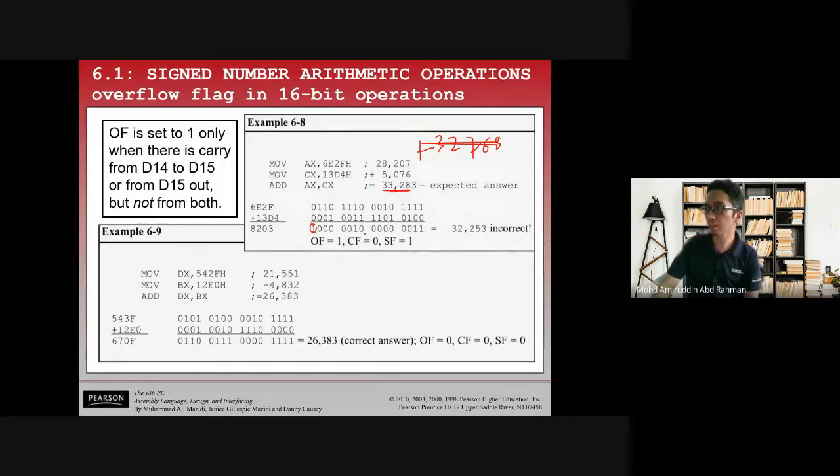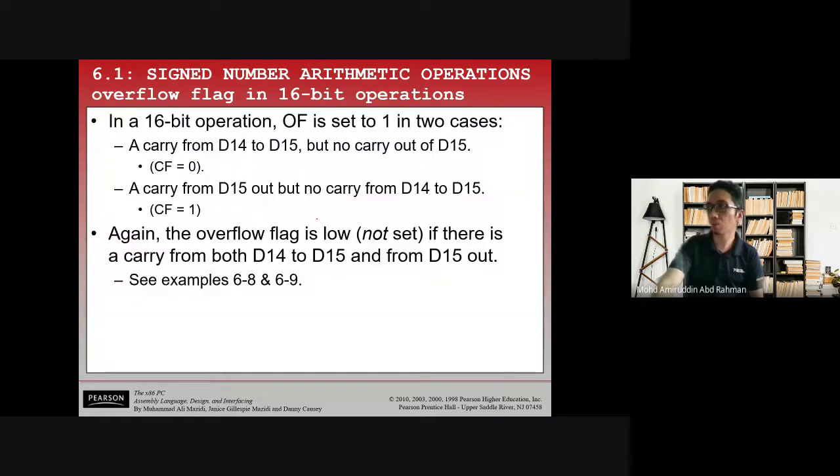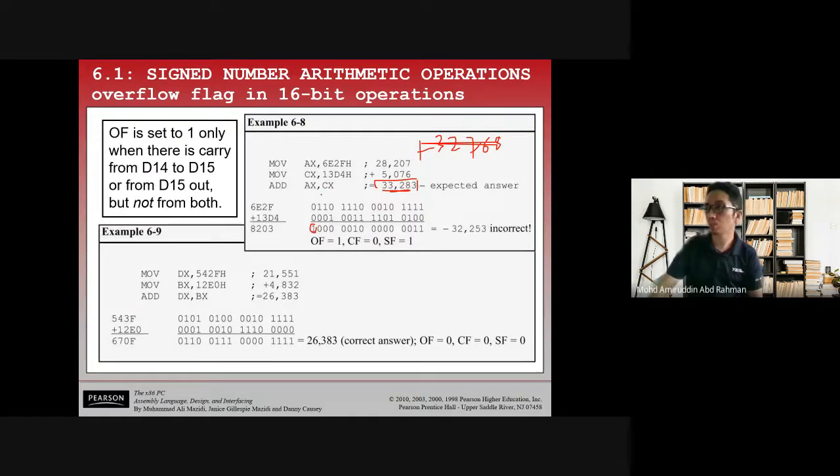What it should be is this one. Also the carry flag is 0, because there is no carry out from bit 15, so CF is 0.